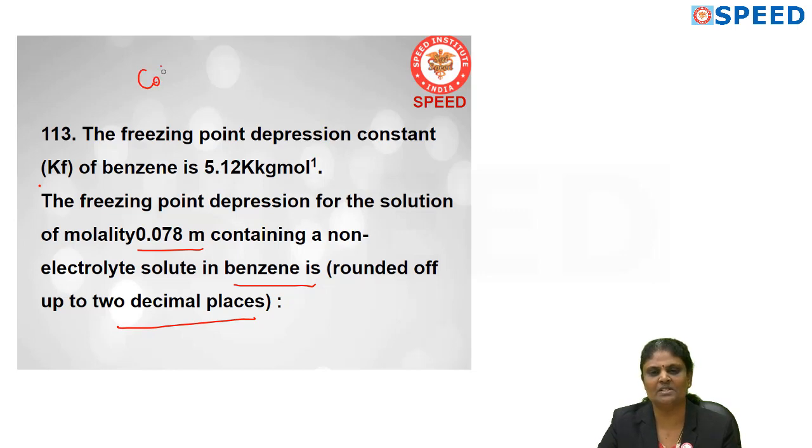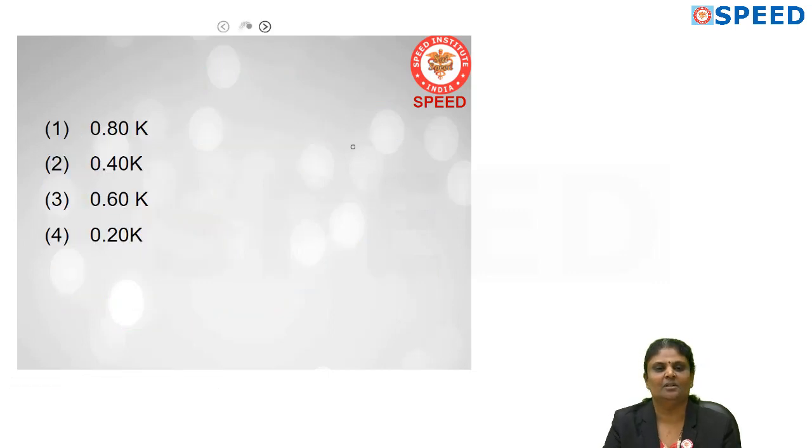So this question is from colligative properties. So that is from solutions part. So this is in the 12th standard portion. So here the options are 0.80 K and 0.40 K and 0.60 K and 0.20 K.